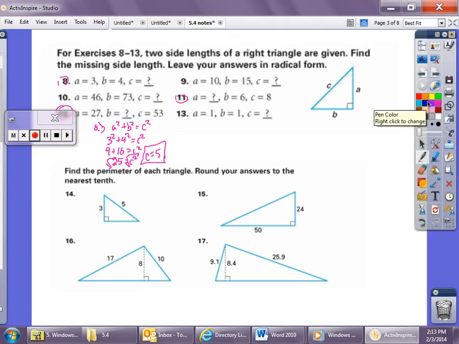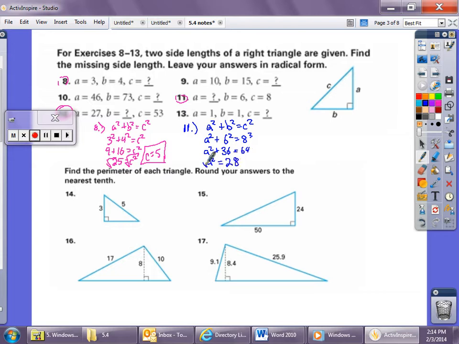When we look at number 11, now we're looking for A. So we still have A squared plus B squared equals C squared. We just plug the numbers in. So A squared plus 6 squared equals 8 squared. Now 6 squared is 36, 8 squared is 64. So A squared equals 64 minus 36, which is 28.